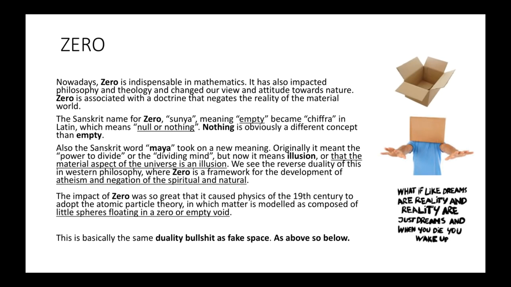In fact, zero had such a great impact that it basically caused physics of the 18th and 19th centuries to adopt the atomic particle theory, where basically everything's little balls floating in a zero void or an empty void.